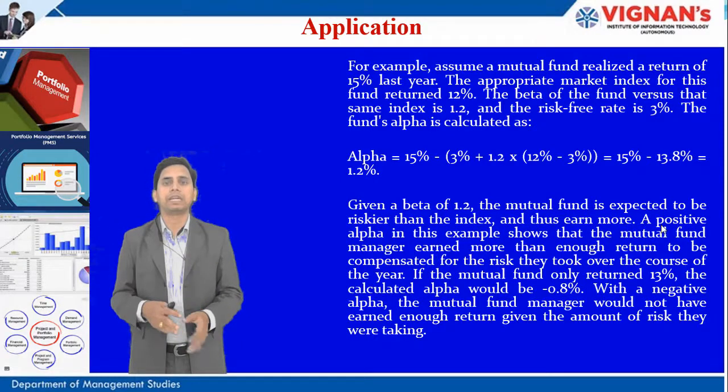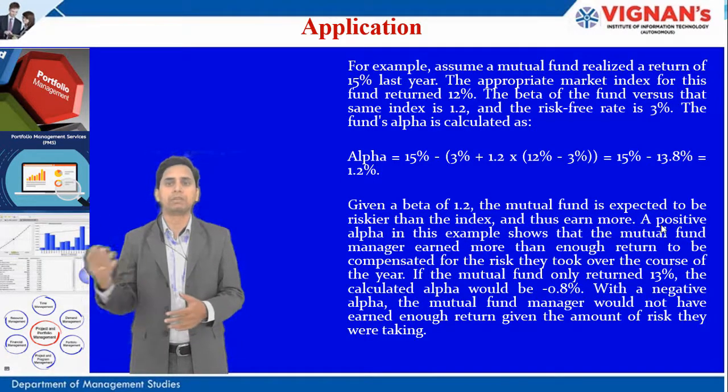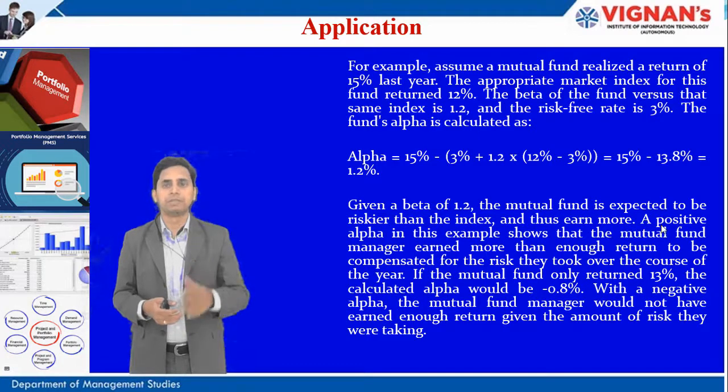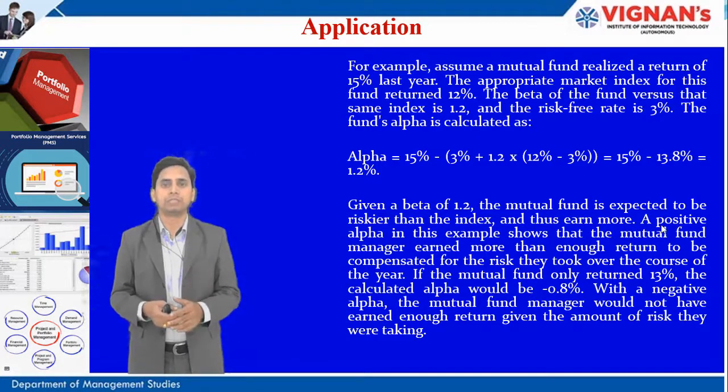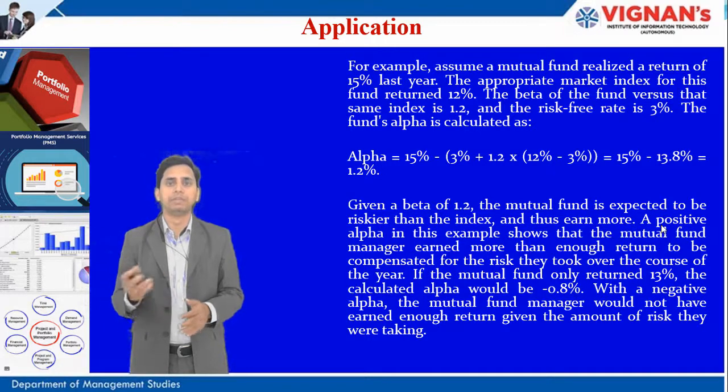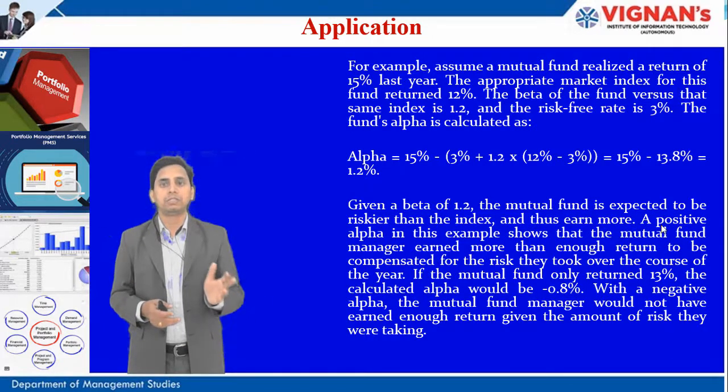So in case another portfolio has more return than this particular one, then we can consider that particular portfolio. Given the beta of 1.2, the mutual fund is expected to be riskier than the index, and thus should earn more.